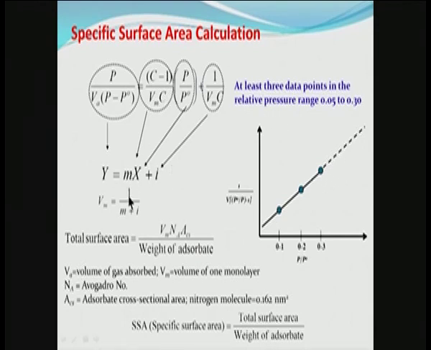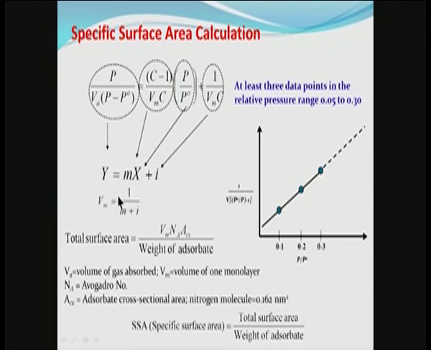and from the straight line we can deduce Vm, which is connected to the volume of the gas that has been adsorbed. So, from this graph we can obtain Vm, because we know m and c. M is the slope of this line and c is the intercept.